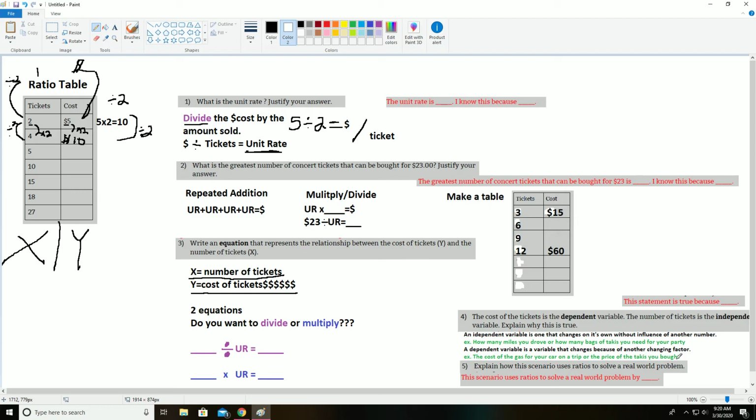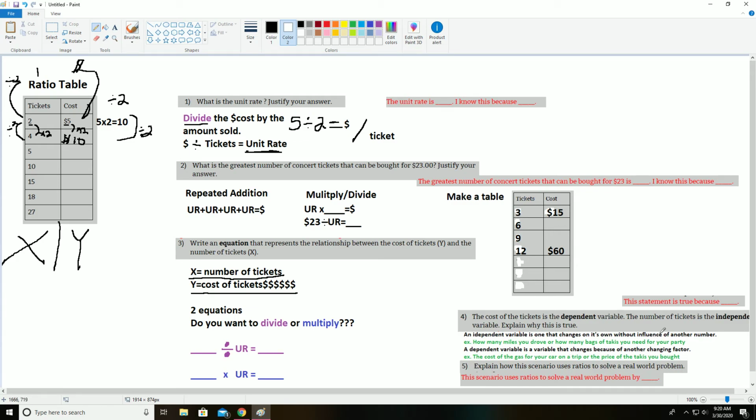However, if you have to buy 3 bags, it's going to cost more. If you had to buy 2 bags, it's going to cost less. If I drive 1,000 miles, I'm obviously going to need a lot more money than if I drive 500 miles, because that's half the distance.